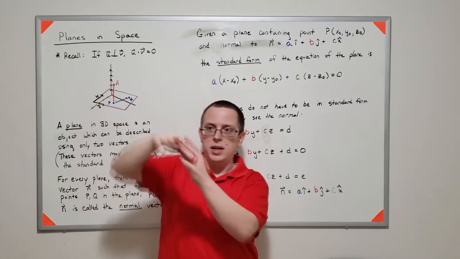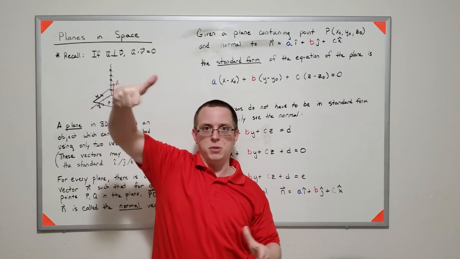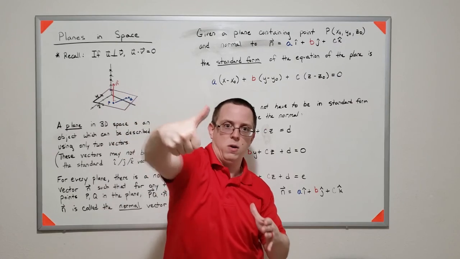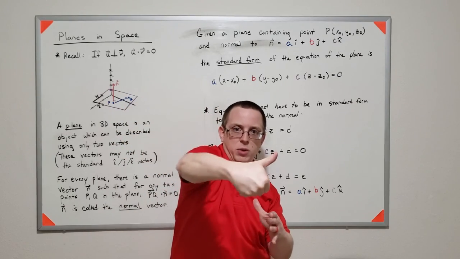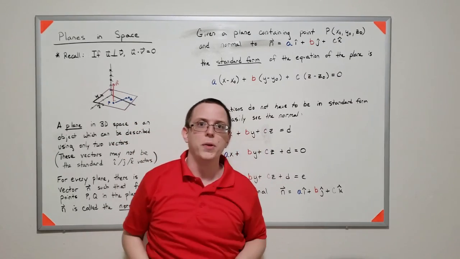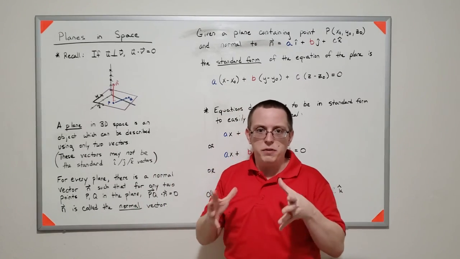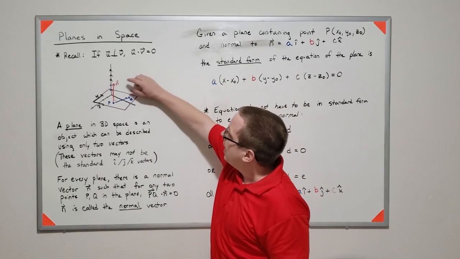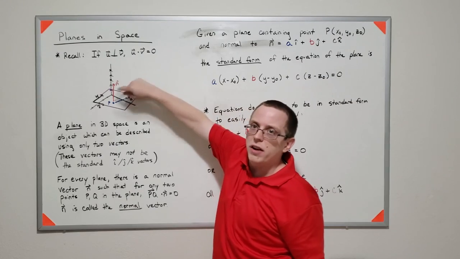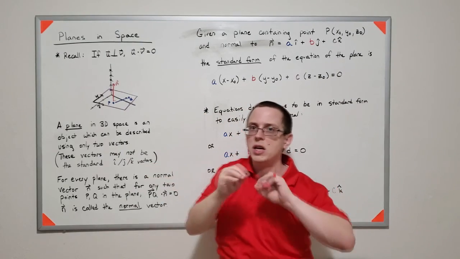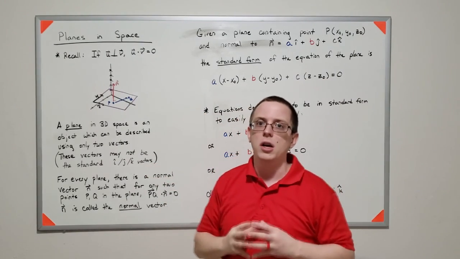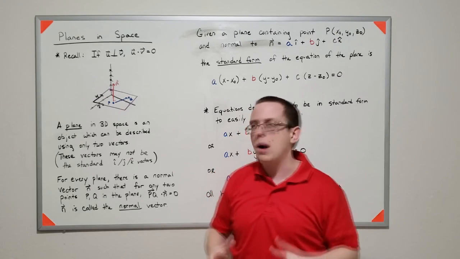If the plane was sloping down, it wouldn't matter how I slid it, it would still stay orthogonal. Since we know this vector is orthogonal to every piece in the plane, we can use that to construct equations to describe planes.